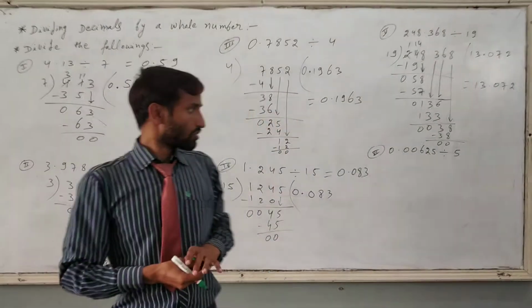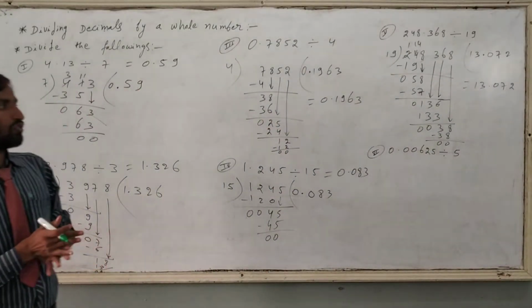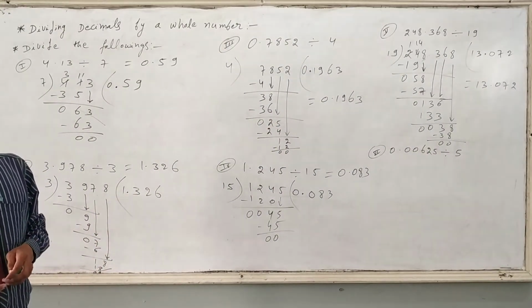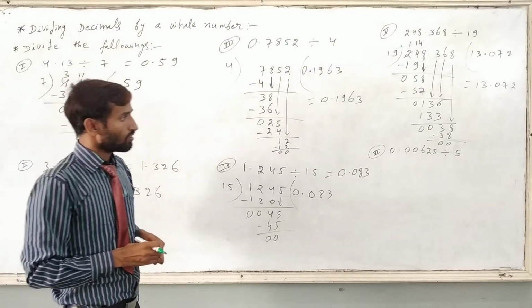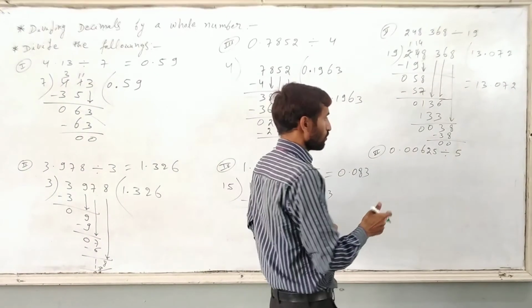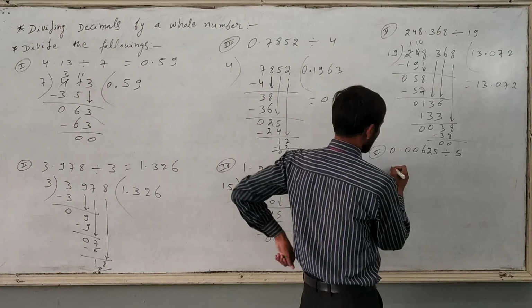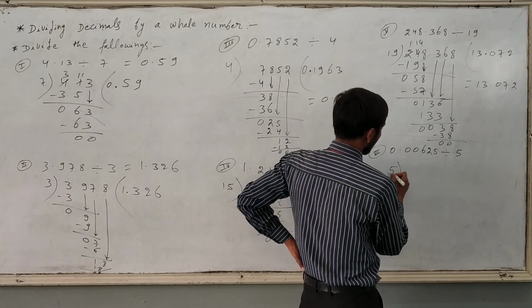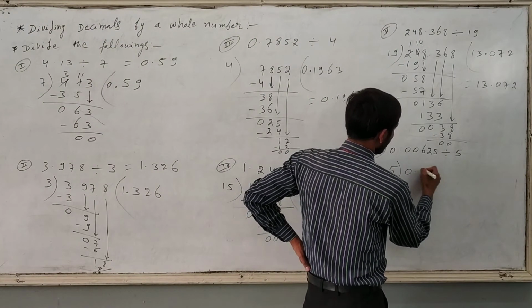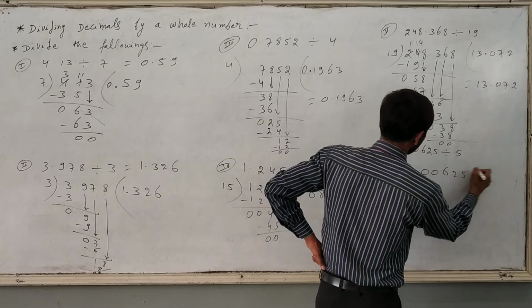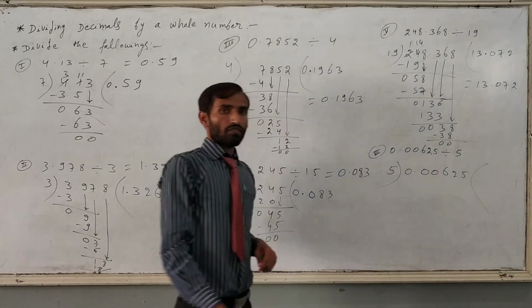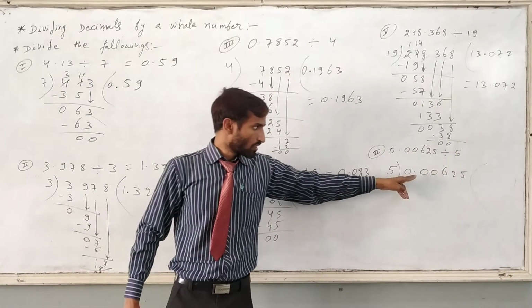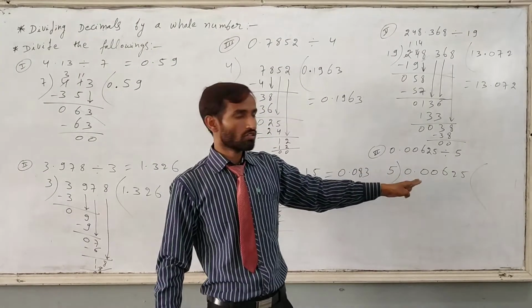Next, the last question is 0.00625 divided by 5, a whole number. So you have to follow these steps before the question. Write down 5 divided by 0.00625. Now we have to divide. You see here the 0 before the point is given, so it is not divisible by 5.